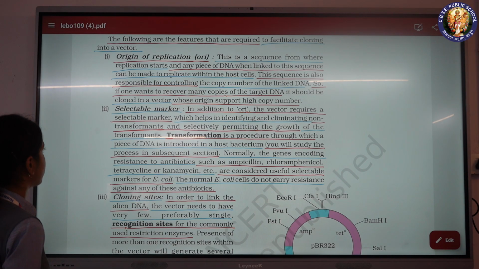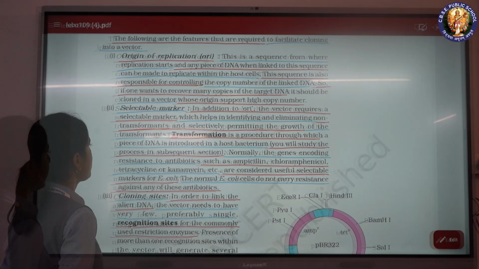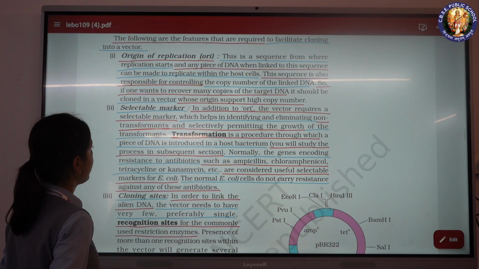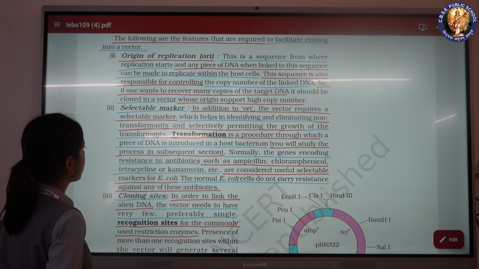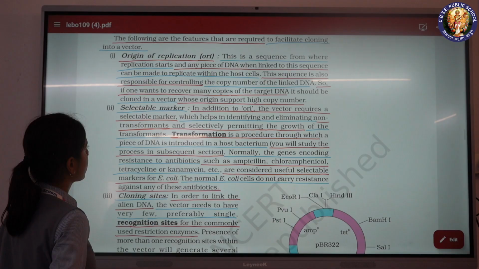Selectable marker. In addition to ORI, the vector requires a selectable marker, which helps in identifying and eliminating non-transformants and selectively permitting the growth of the transformants.